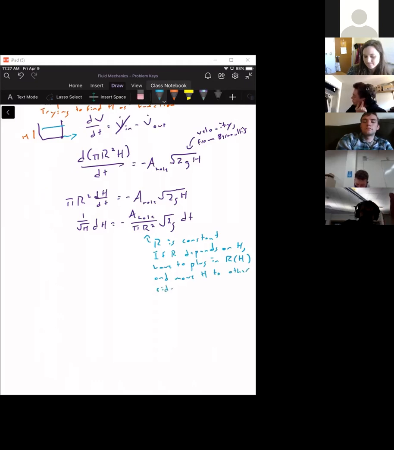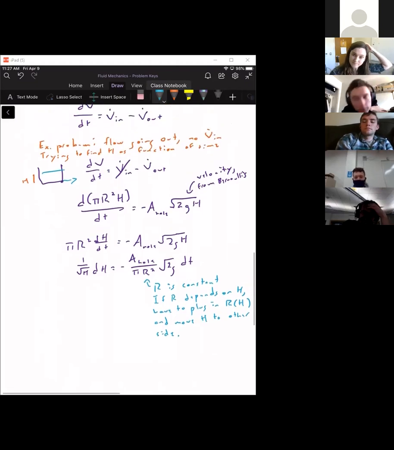You start with the differential of pi r squared h, and if r depended on h, you still take it out of the differential and just leave h there. Because then if you plug in whatever the equation is, like if r is equal to h squared or something, then you would plug in h squared and you would put h over on that side. And so h is over there, and when you integrate, it will take into account the changing r with h, because you did that.